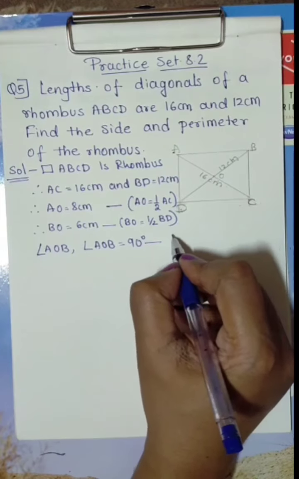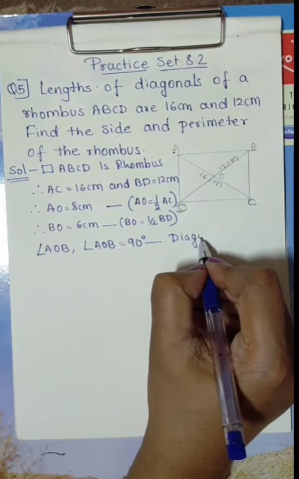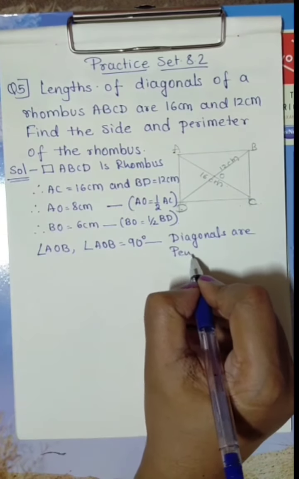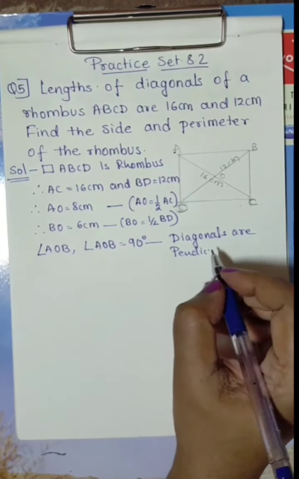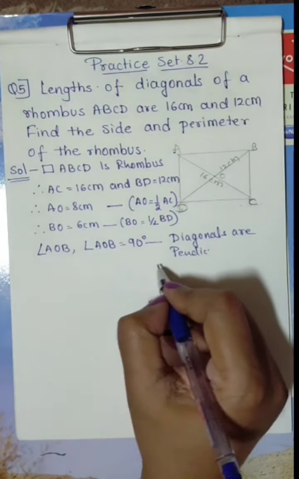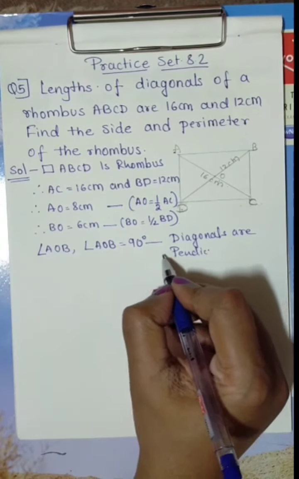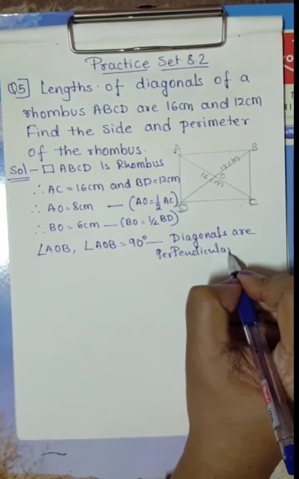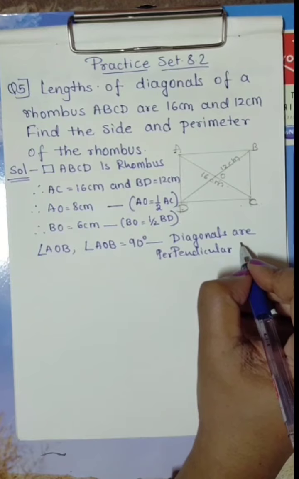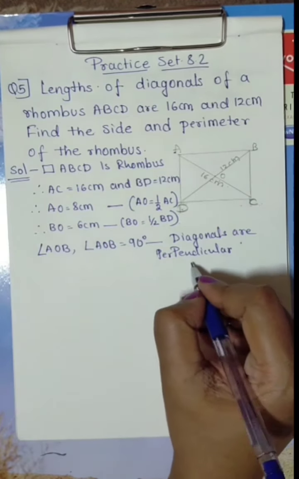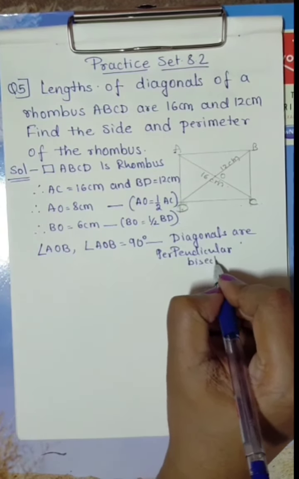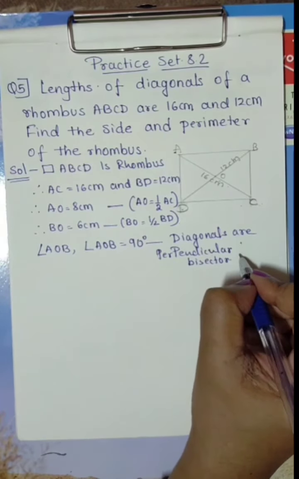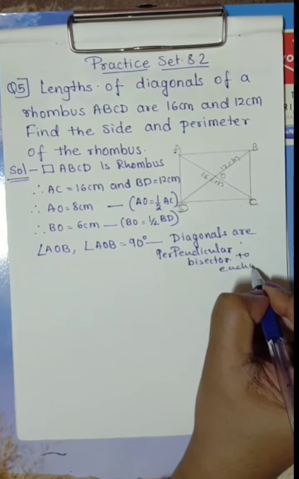Why? Because diagonals are perpendicular and bisect each other.